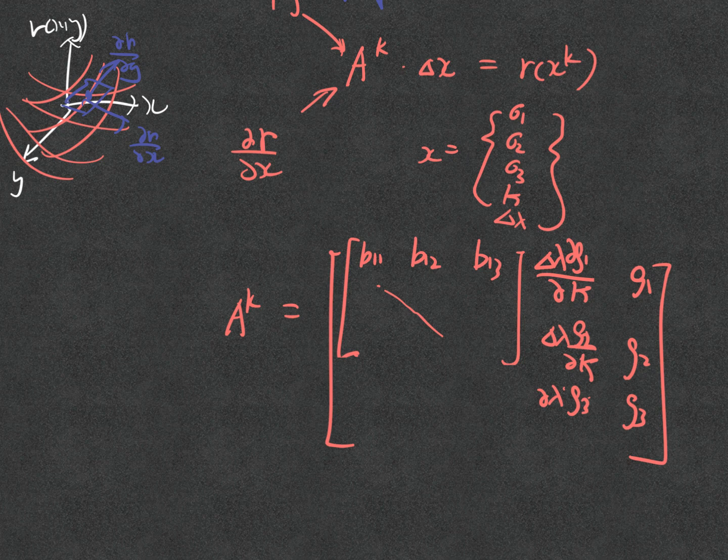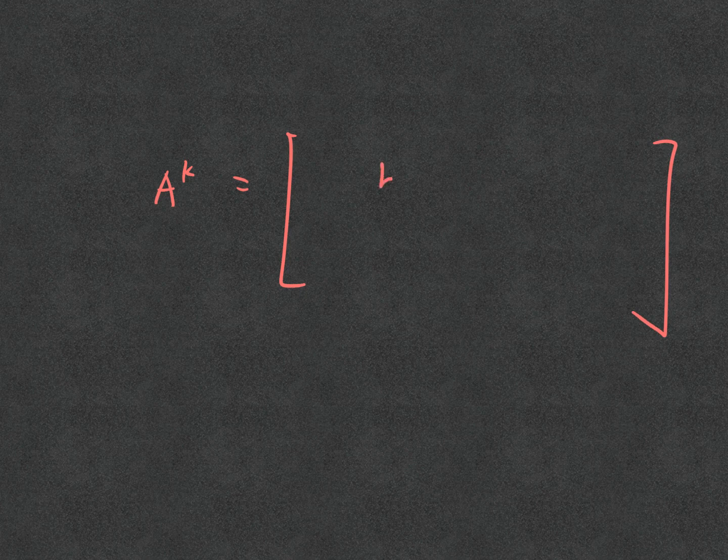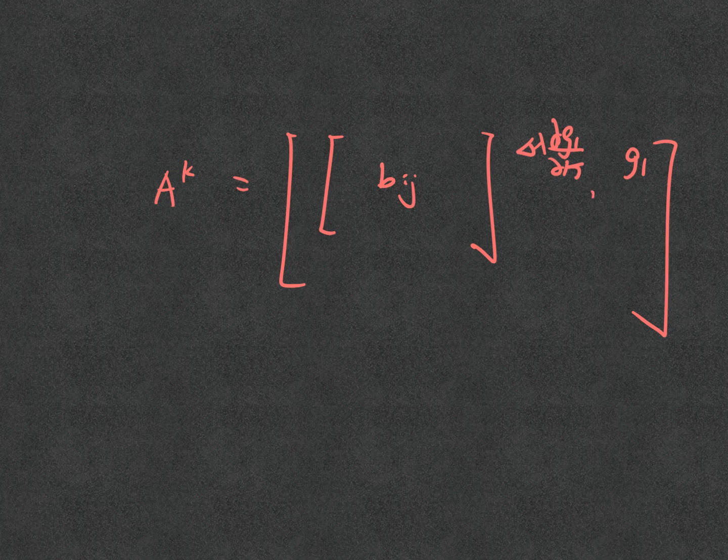Sorry, let me try it again. A_k would be equal to, this one is just B_ij, which gives the 3x3 matrix, and then delta kappa, the partial derivative of G with respect to the internal variable, times G1 to G3, delta lambda, and kappa.